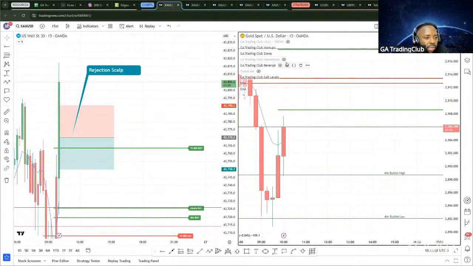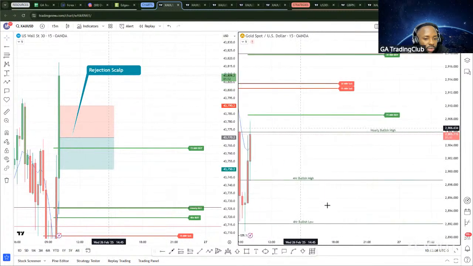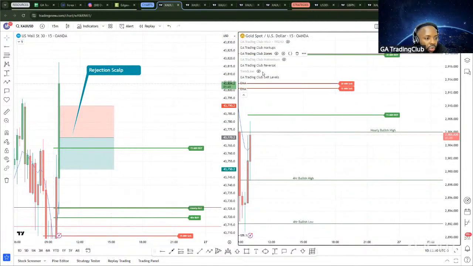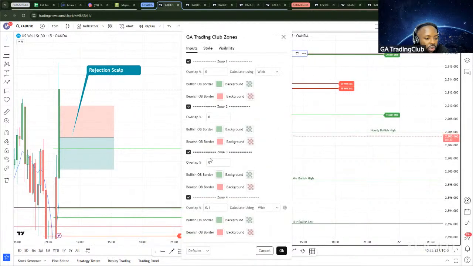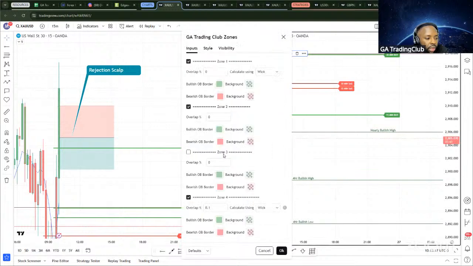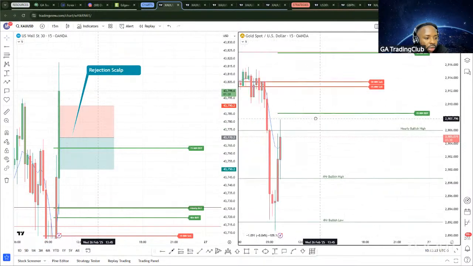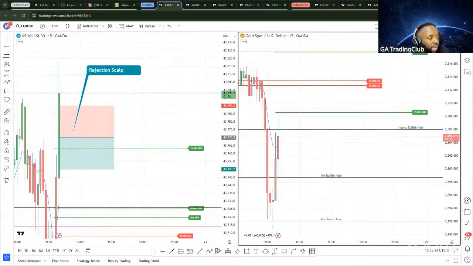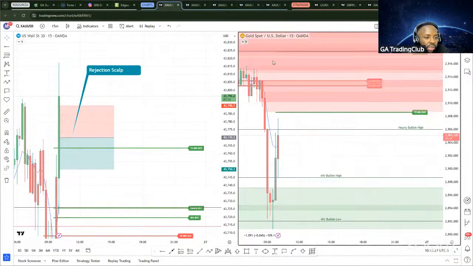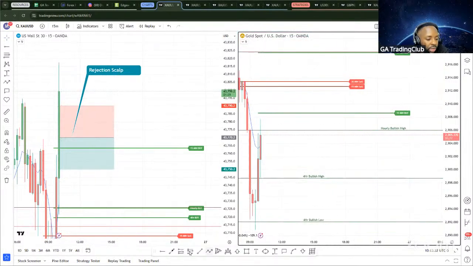Let's see here for gold. Same thing, right? We have another rejection level right here for gold. The rejection one I'm looking at for gold is, and what time is it? 10:15. Yeah, so we have a red zone there, so that's fine. For this rejection one for gold, what we're looking for is the same thing.